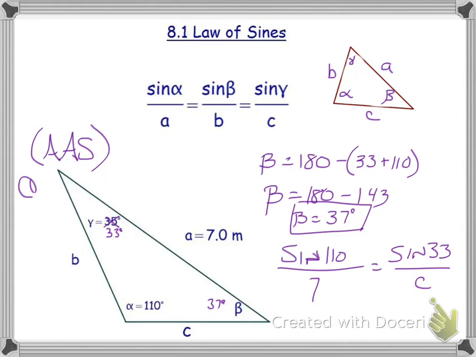And notice that I have one term missing, so I can solve for that term. Because this is a proportion, two ratios equal to each other, I can cross multiply.